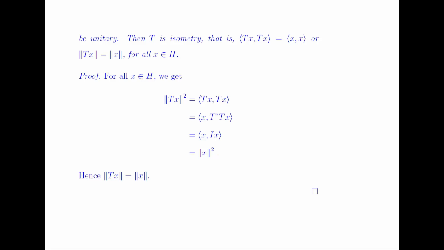So for all x belonging to H, we get the norm of Tx squared is equal to the inner product of Tx comma Tx, which is equal to the inner product of x comma T star Tx. Because T is unitary, T star T is equal to I. So we get the inner product of x comma x, which is equal to the norm of x squared. Hence the norm of Tx is equal to the norm of x.